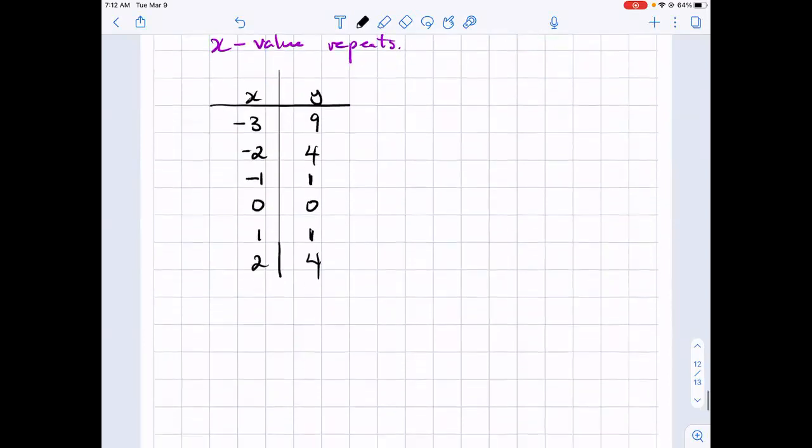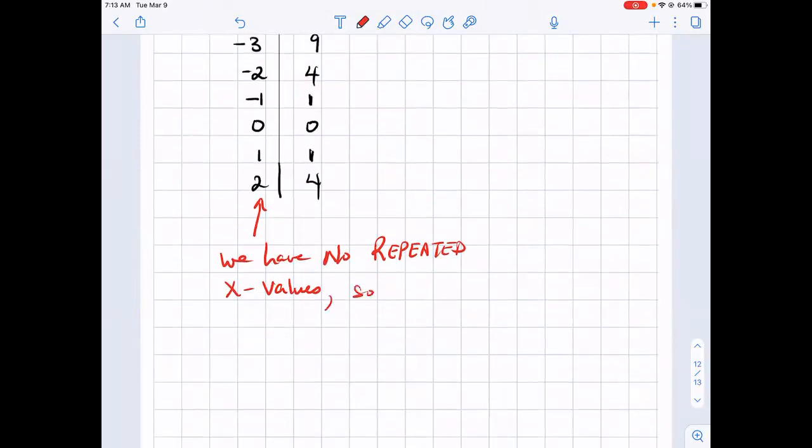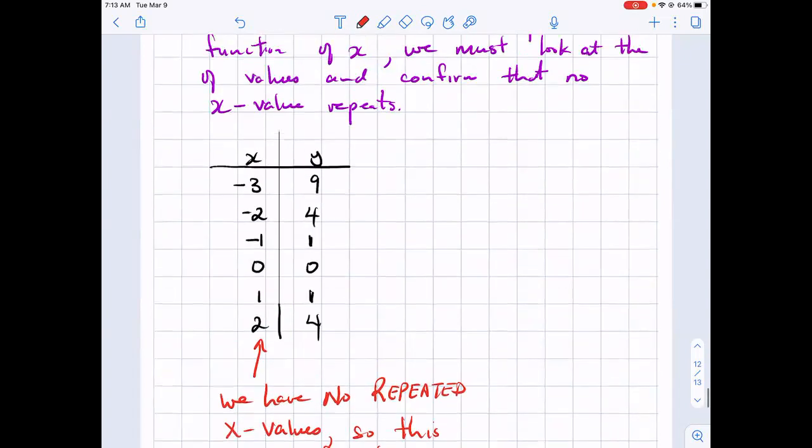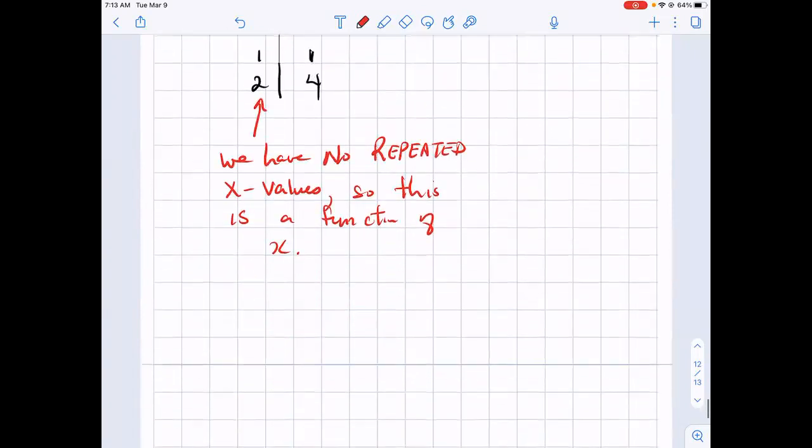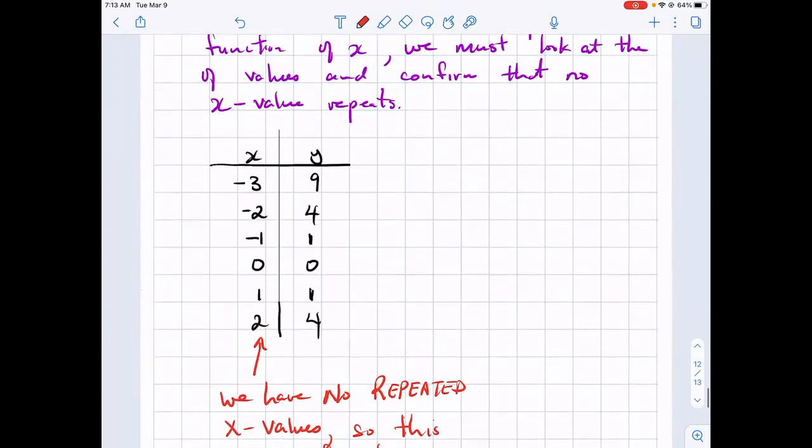So notice that we have no repeated x values. Okay, so this is a function of x.